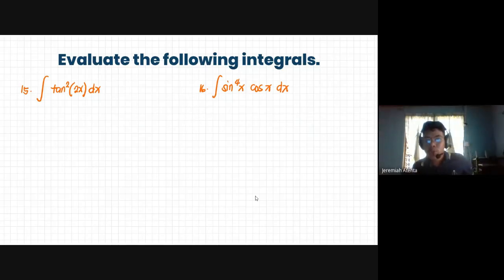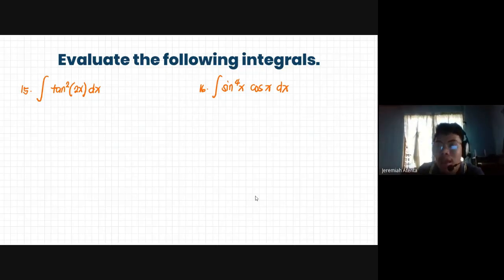Integral of tangent 2x dx. We know that the integral of tangent squared x is what? Do we have an integral of tangent squared? Meron bang tangent squared? I think wala pala. Right?